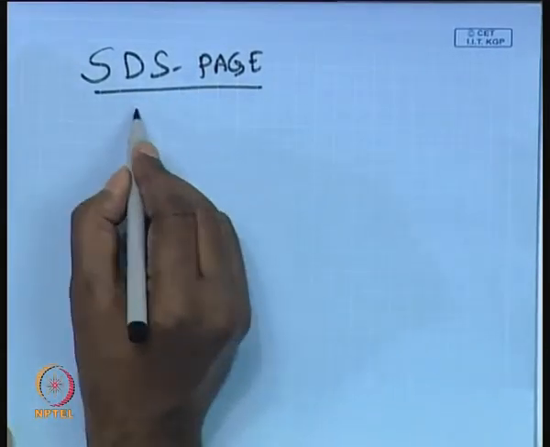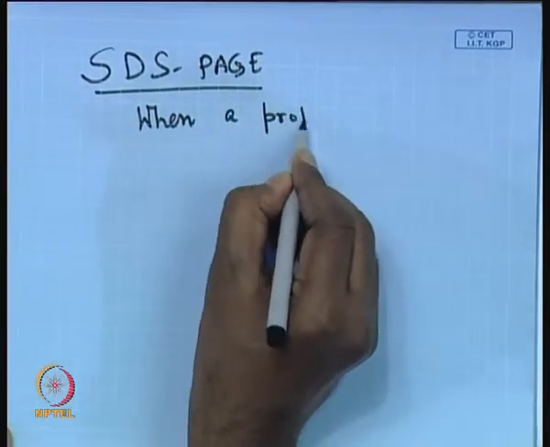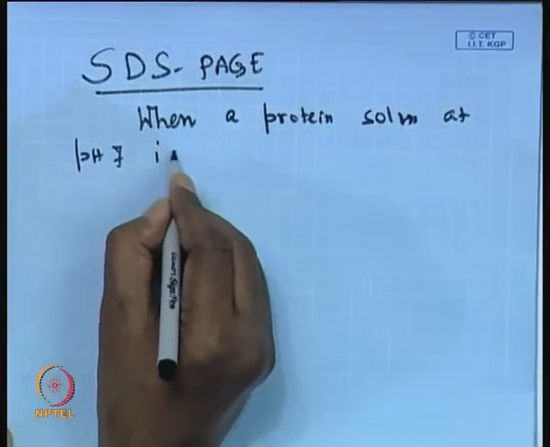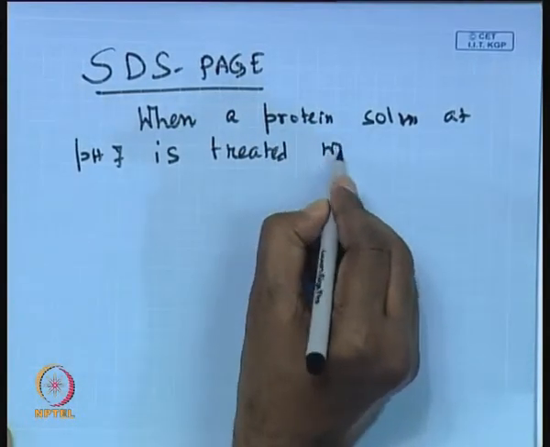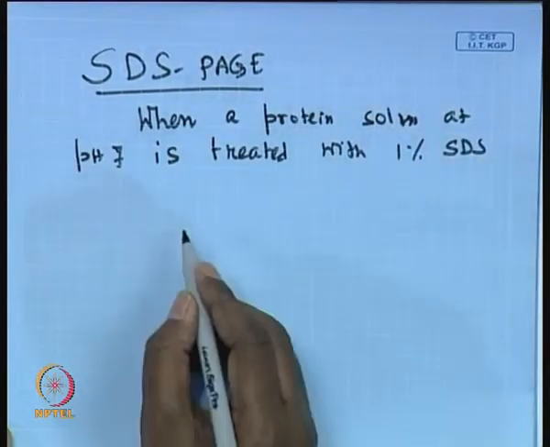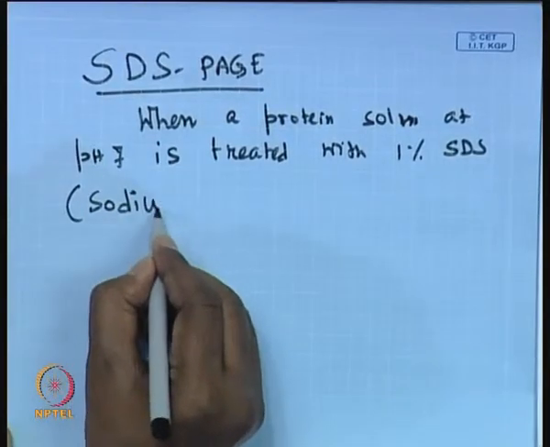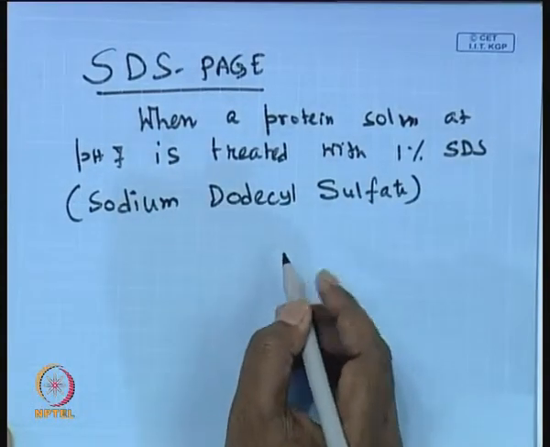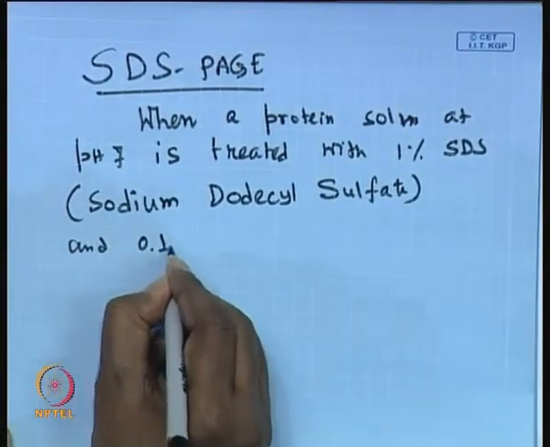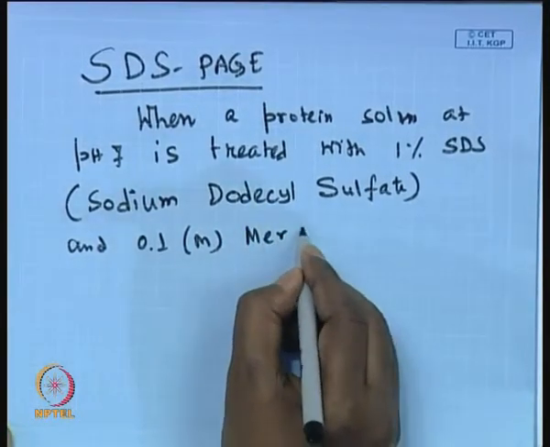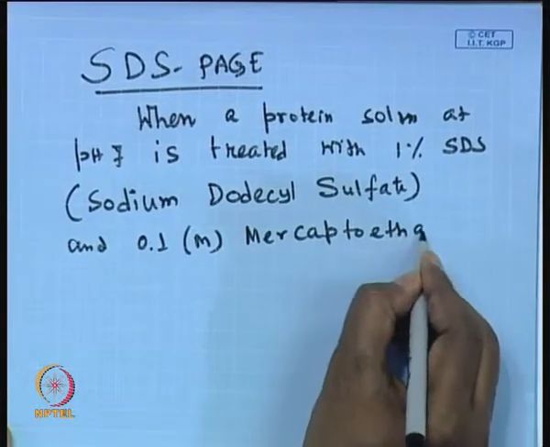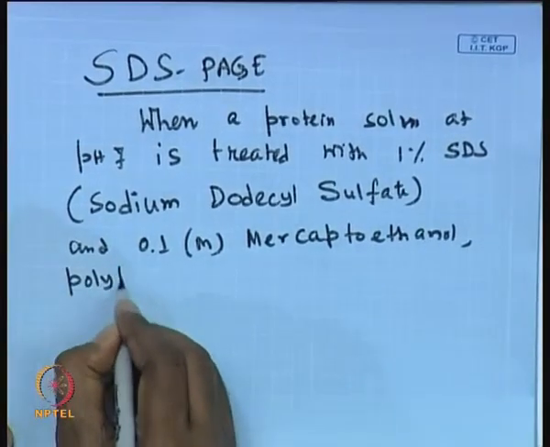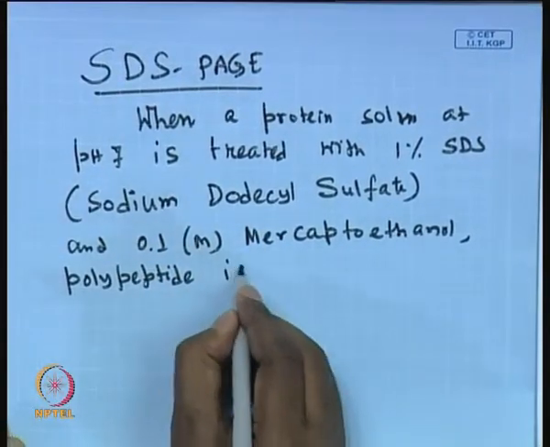In this case, when a protein solution at pH 7 is treated with 1% SDS, that is sodium dodecyl sulphate, an anionic surfactant, and 0.1 molar mercaptoethanol, the polypeptide chain present in the protein is unfolded.